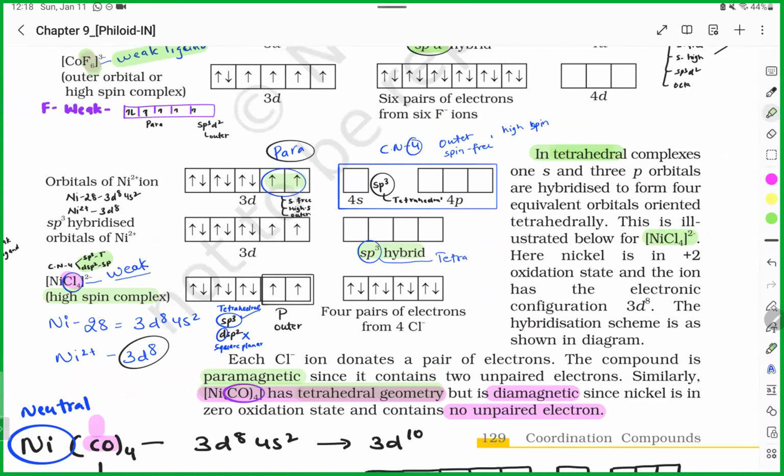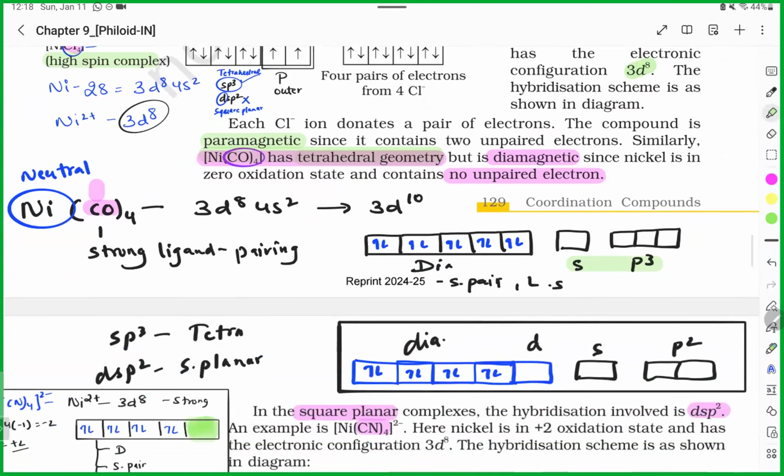In case of this compound, nickel 2 plus has this electronic configuration, and you know the hybridization scheme. It will be paramagnetic because of unpaired electrons. But if you take nickel tetracarbonyl, in this case, the electronic configuration of nickel is still the same, 3d8 4s2. But carbonyl is a very strong ligand, extremely strong.